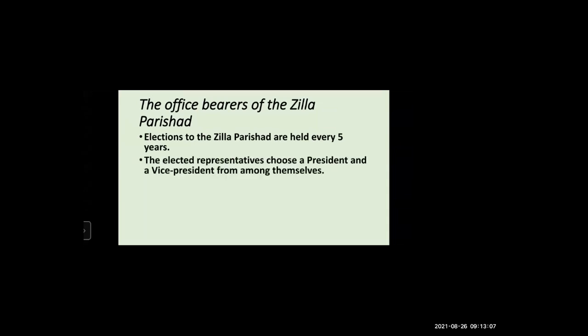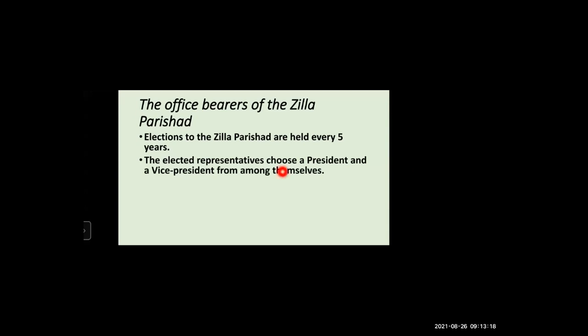Now the officers of the Zilla Parishad. We have seen the officers of Gram Panchayat, we have seen the officers of Panchayat Samiti. Now we will see the officers of Zilla Parishad. Elections to the Zilla Parishad are held every 5 years. The elected representatives choose a president and vice president among themselves.